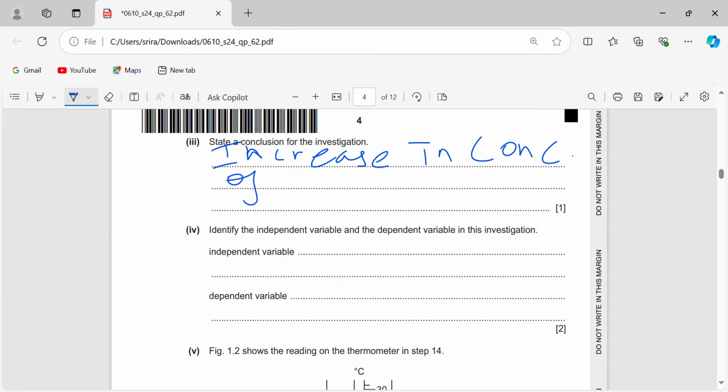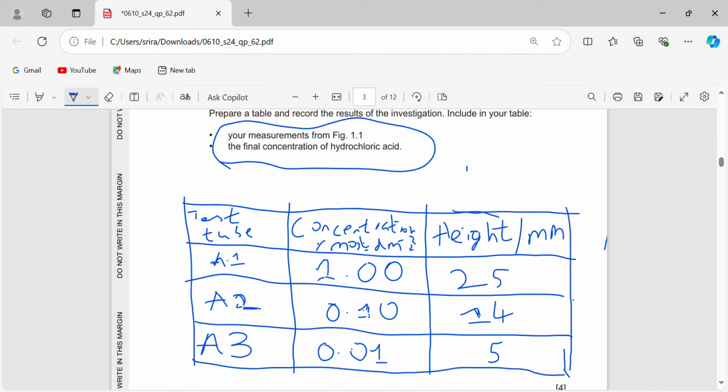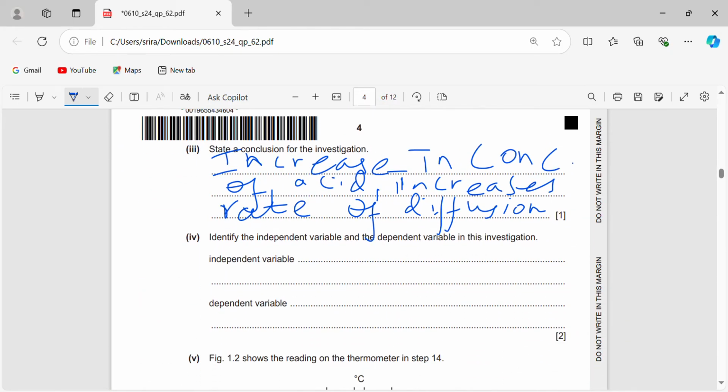Increase in concentration of acid increases rate of diffusion.